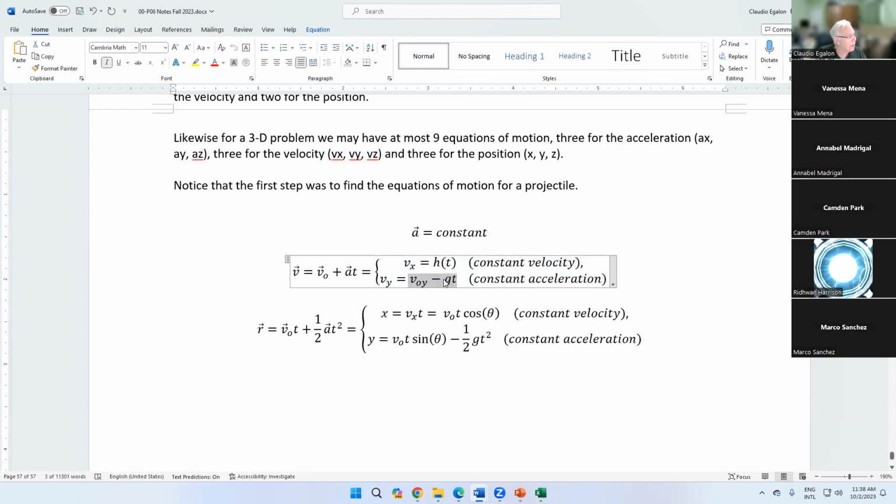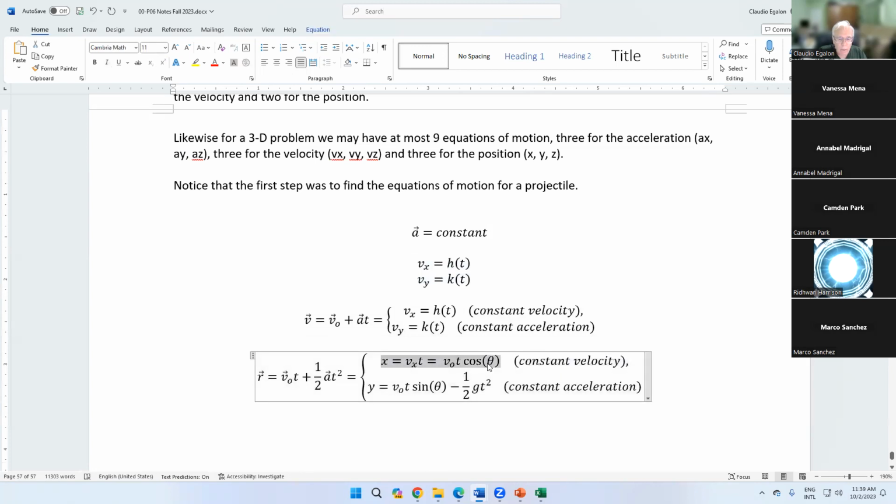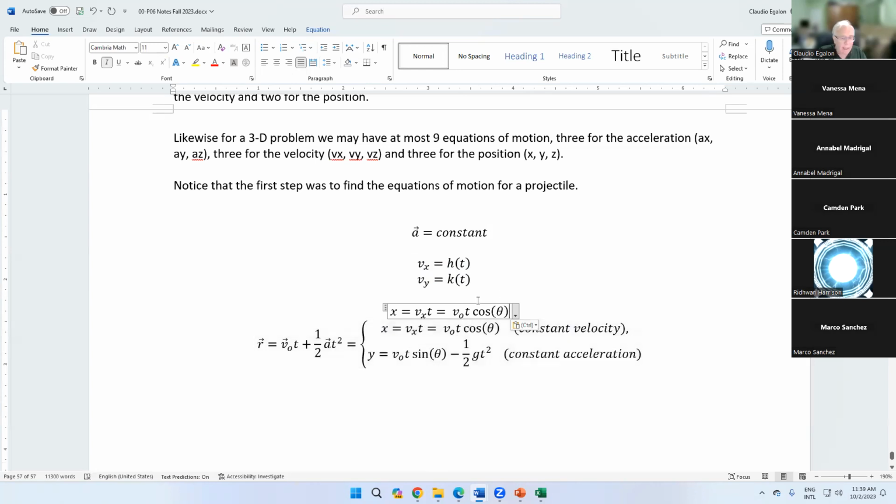This one is going to be a function of t as well.